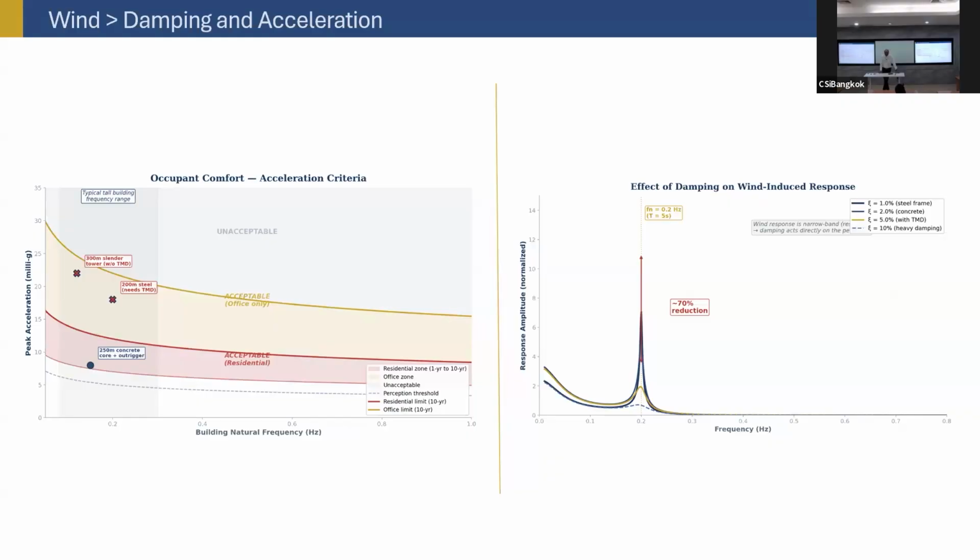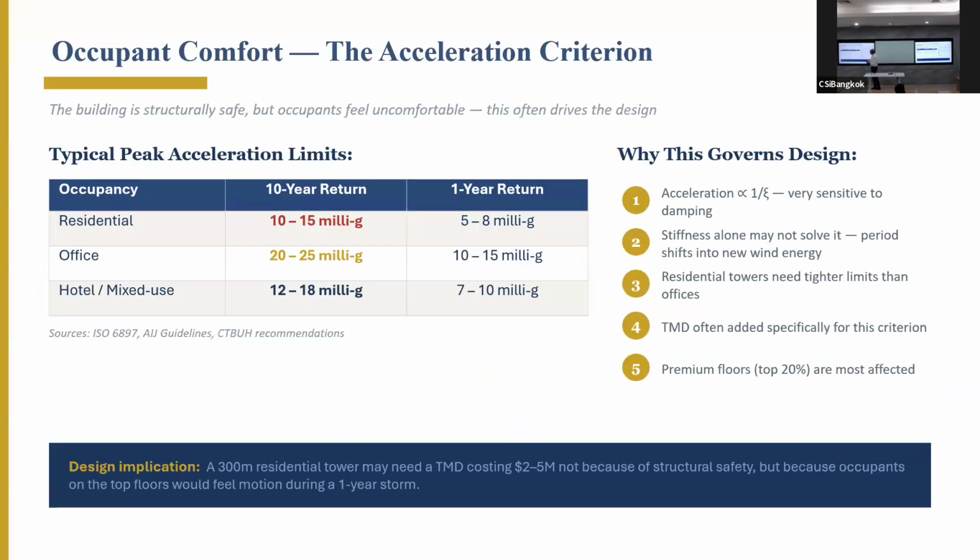So that's why wind design for tall buildings, especially more than 200 meters, is very critical. It's not about high, strong winds. It's about even low winds, normal winds. Right? And those are the limits. Mark also mentioned that for office buildings and hotel buildings you have different limits, which are normally very difficult to achieve. So dampers are normally required, and dampers are expensive, millions of dollars.